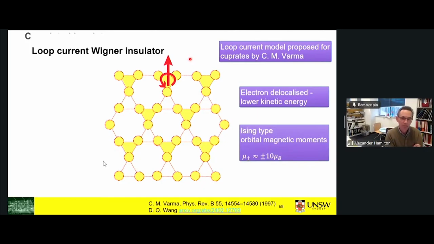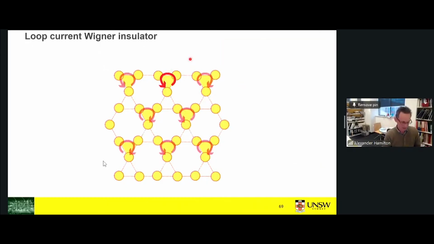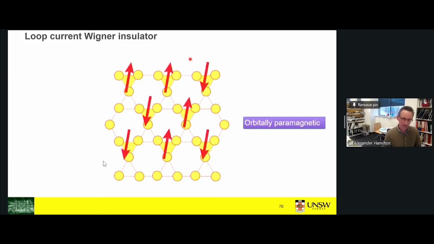It's of order 10 Bohr magnetons, because it's essentially an orbital magnetic moment. And so I've got these orbital magnetic moments in a periodic array. So you would imagine that they should be ferromagnetic. Actually, at our temperatures, they're orbitally paramagnetic. The ferromagnetic transition temperature is a few millikelvin, so we can't access that.